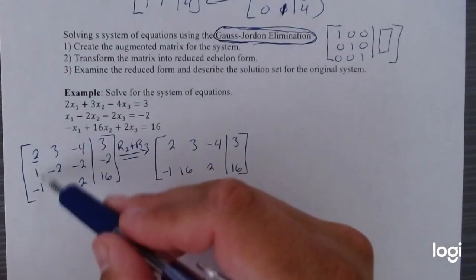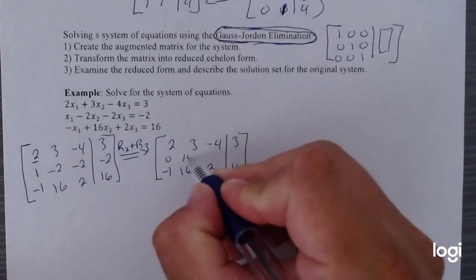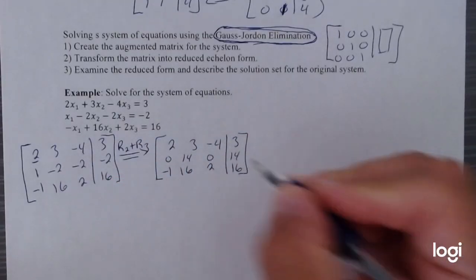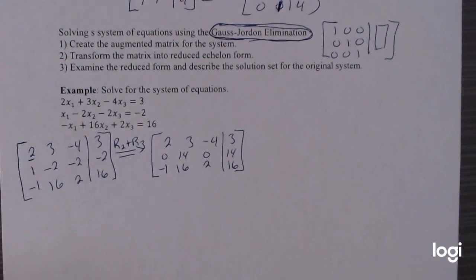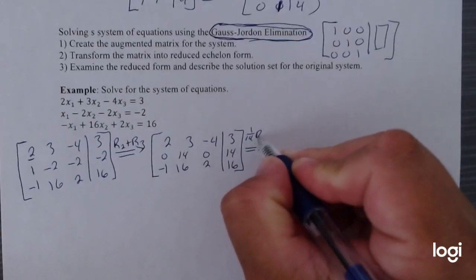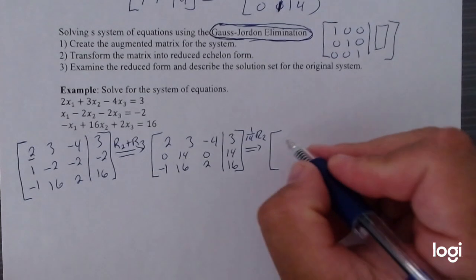So if I add straight down, this gives me 0, this gives me 14, 0, and then 14. And look at that, oh, that's kind of nice. Looks like we have already 1 done. So all I have to do is divide row 2 by 14, and we have our first one down.